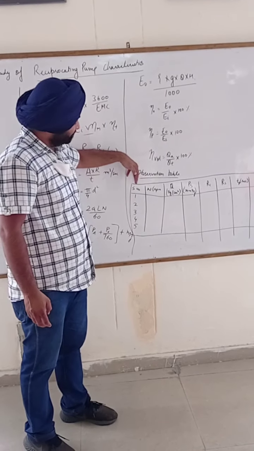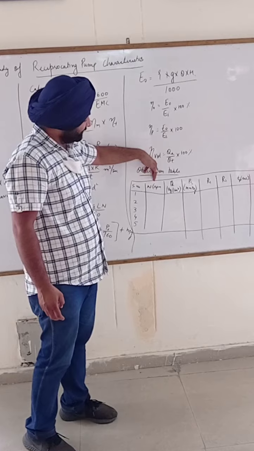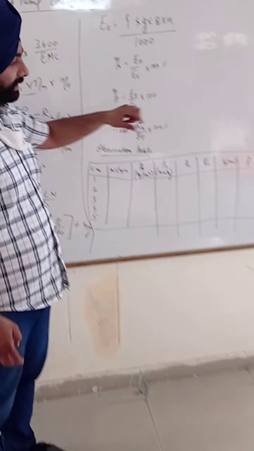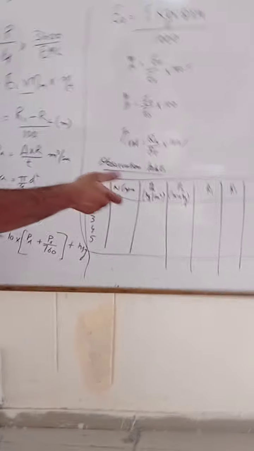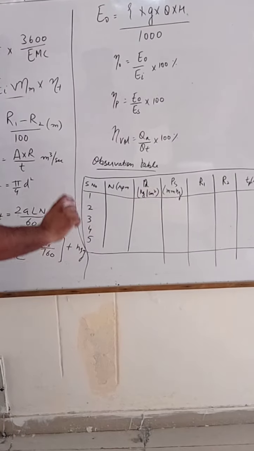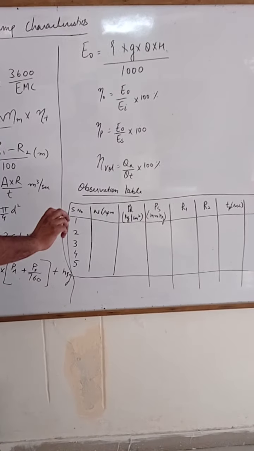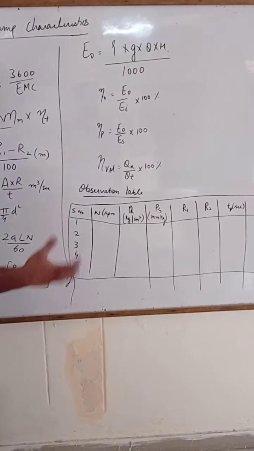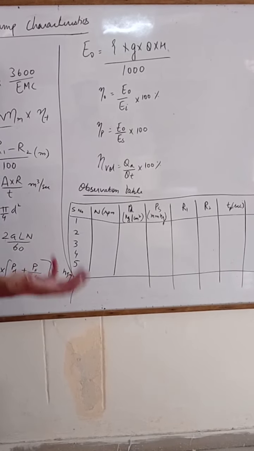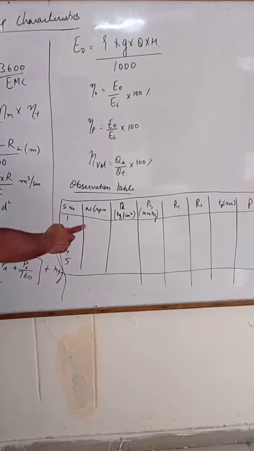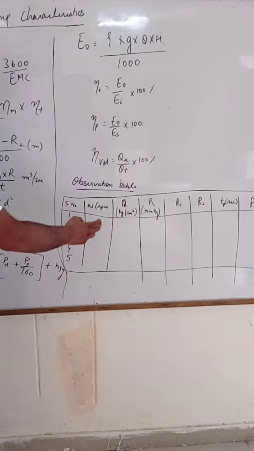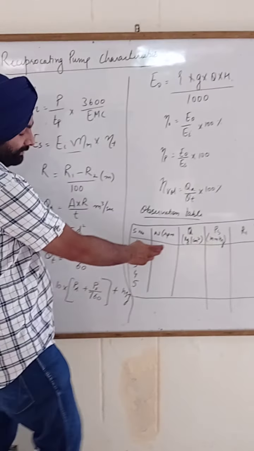The first column is serial number, the second is N, that is RPM. We have one variac at the control panel. Just by turning that variac, you can change the speed of this reciprocating pump. First, you need to set a particular RPM.